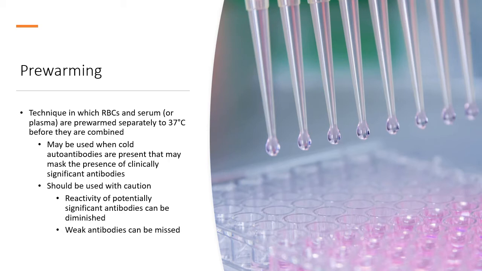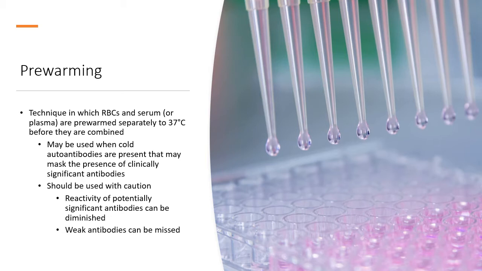Then you warm them up in an incubator or a heat block at 37 degrees, most of the time for 15 minutes. After you've warmed them up, you combine them together. What this does is any cold antibody normally disappears, because the cold antibodies like 4 degrees Celsius. They like it cold. So when you warm them up, they don't come together, and you get rid of them.